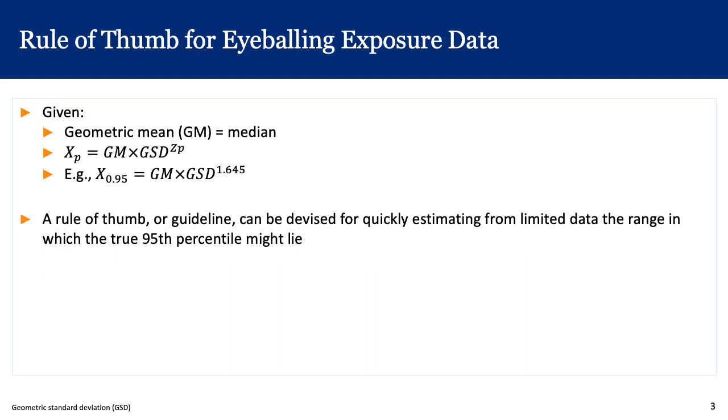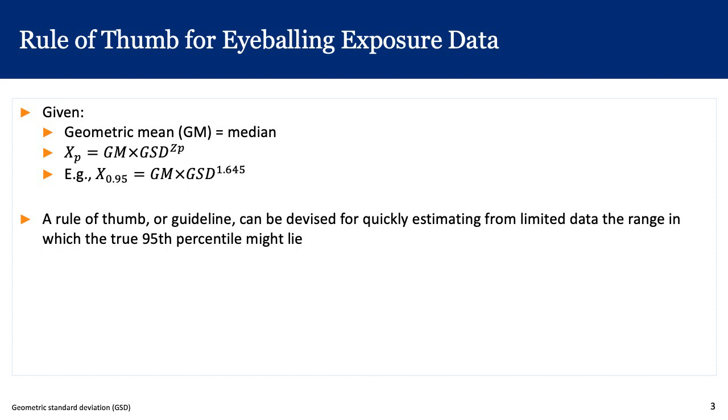The purpose of this rule of thumb for eyeballing data is to quickly estimate where the true 95th percentile might lie. If you remember, the geometric mean that you calculate is very close to the median of the log normal distribution. In fact, for a log normal distribution, the geometric mean is the median. And the other thing you will remember from our discussion of log normal statistics is that any kind of percentile is given by the second equation on this slide.